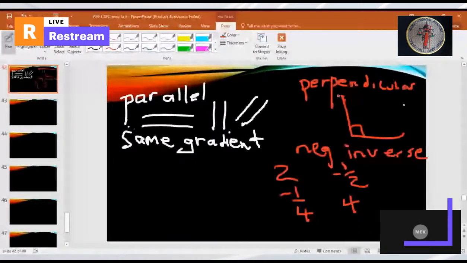So bearing that in mind, let's see how we can find the equation of lines if we know that the lines are parallel or perpendicular to another line.